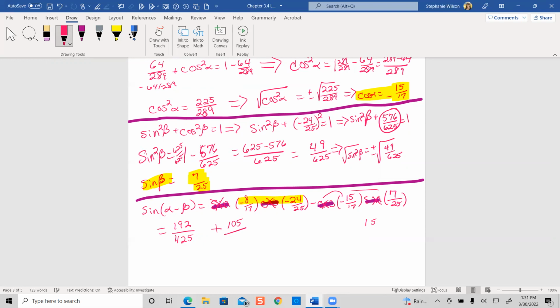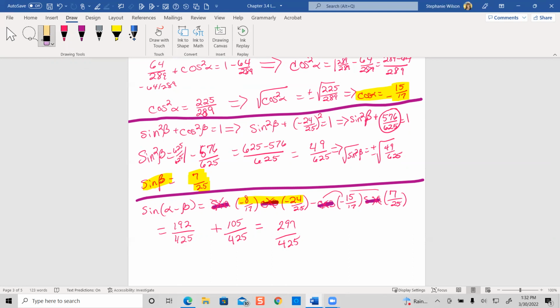And you can double check. It never hurts to double check on any of the numbers. All right, so now we got 17 times 25, and that's 425 again. So that worked out great. So now we're going to add, since it's a common denominator. So I got 192 plus 105, it's 297, divided by 425.